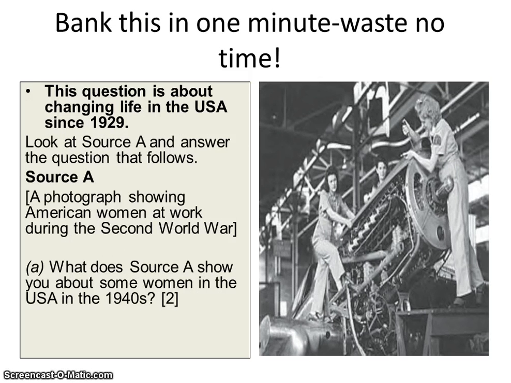Okay, bank this question in 1 minute, don't waste any time. The question is, look at source A. What does it tell you about some women in the USA in the 1940s?